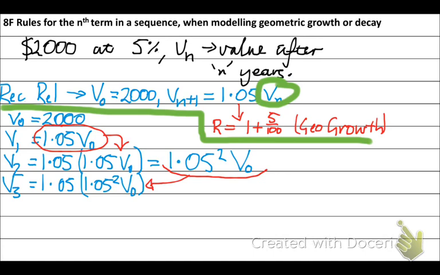So you can see what we're building on here. Each term is equal to the previous term multiplied by 1.05 again. Each time we're growing, we're multiplying by 1.05 again.